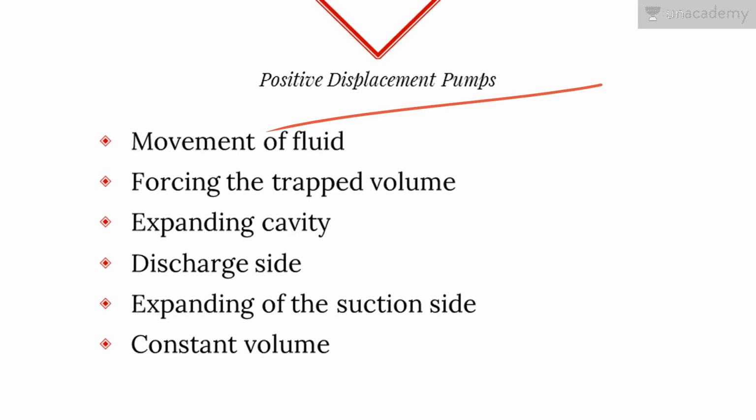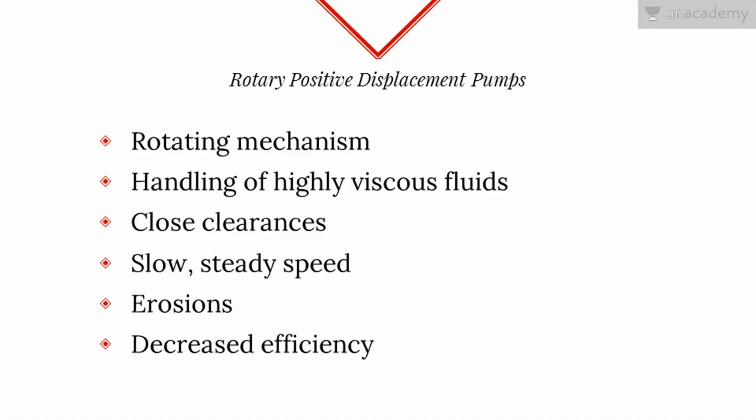A positive displacement pump moves a fluid by trapping a fixed amount of volume and forcing the trapped volume into the discharge pipe. Some positive displacement pumps use an expanding cavity on the suction side and a decreasing cavity on the discharge side. The volume is constant in the given cycle of operation.